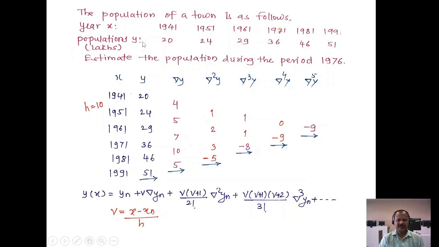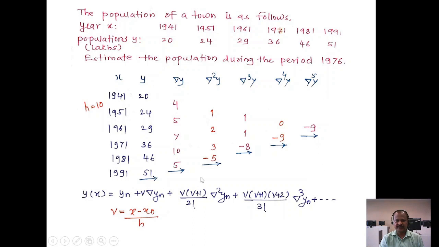Population y is given in lakhs: 20 lakhs, 24 lakhs, 29 lakhs, 36 lakhs, 46 lakhs and 51 lakhs. Estimate the population during the year 1976. Now you can see this is 1971 and this is 1981. So 1976 is near to the end of the table, so we have to use Newton's backward interpolation formula.